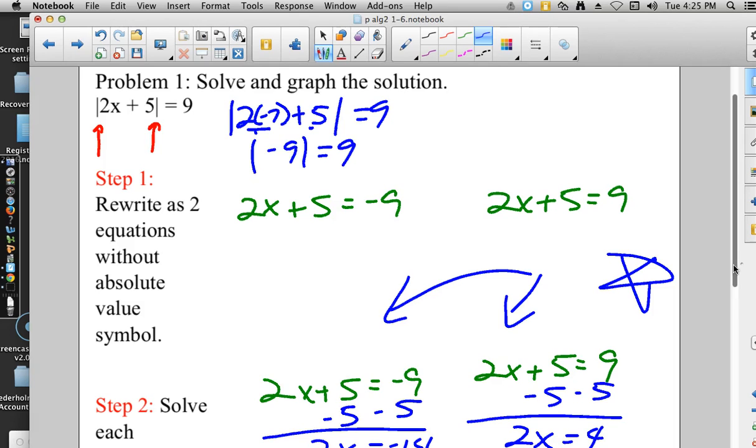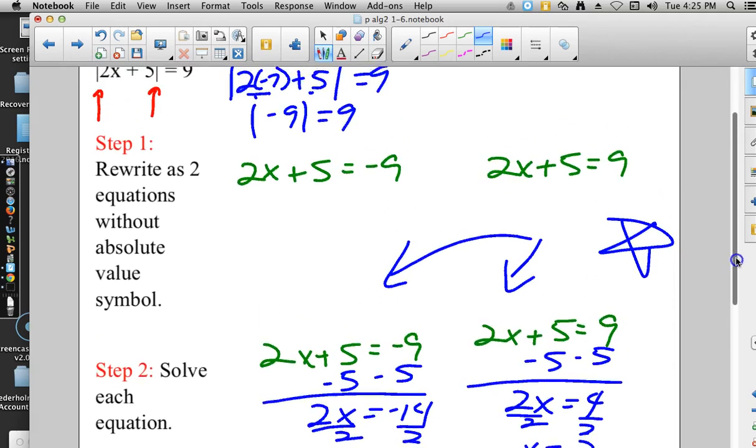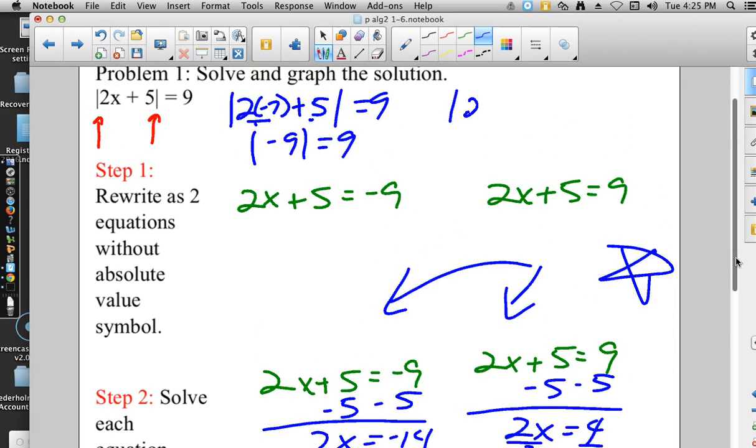Is the absolute value of negative 9 equal to 9? Yeah, it's 9 units away from 0. The other answer was x equals 2. Absolute value of 2 times 2 plus 5 equals 9. That's 4 plus 5, which is 9. Yeah, the absolute value of 9 is 9.